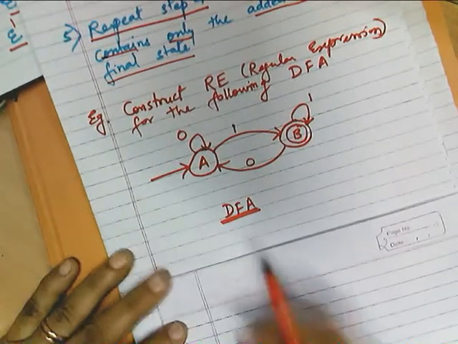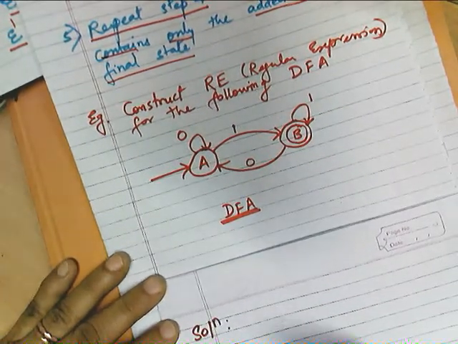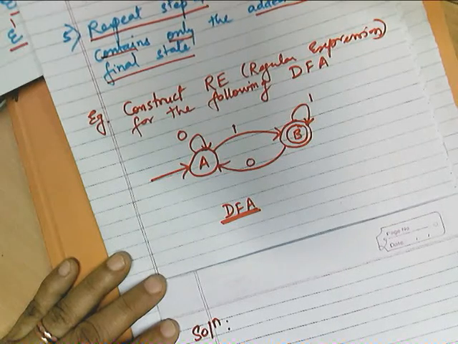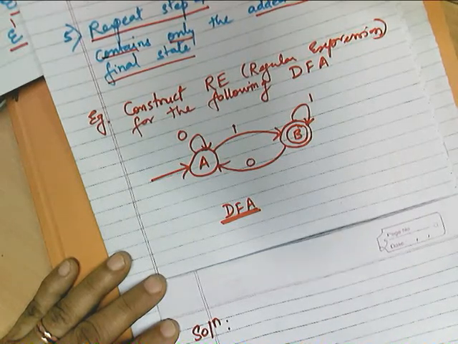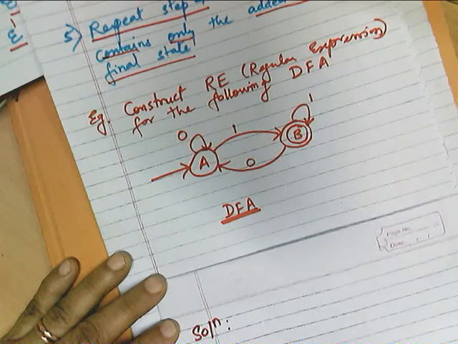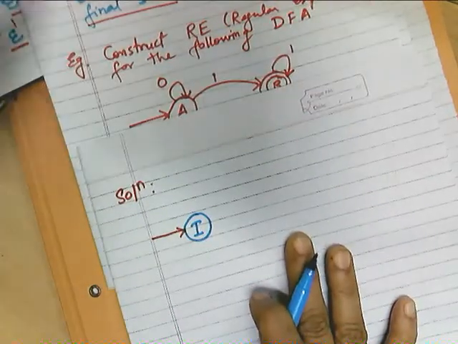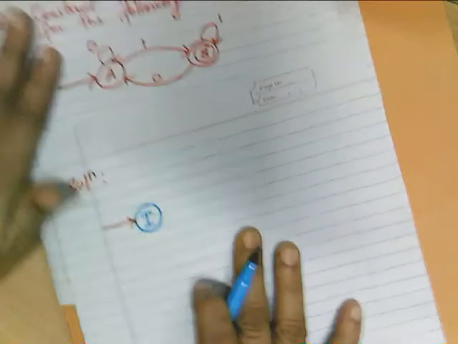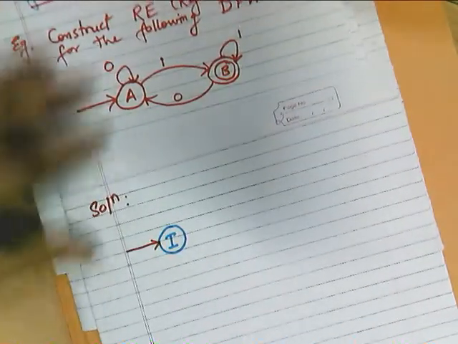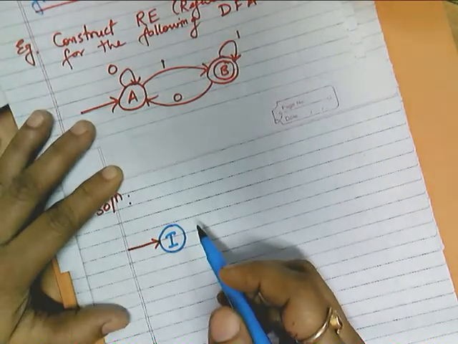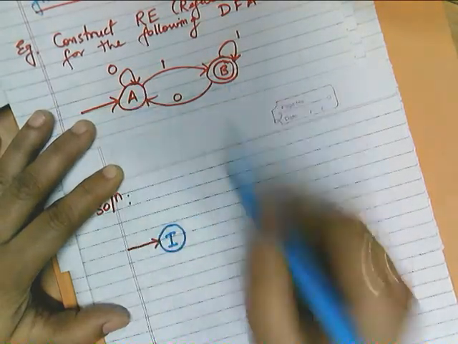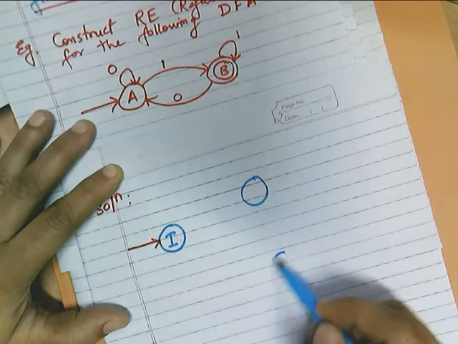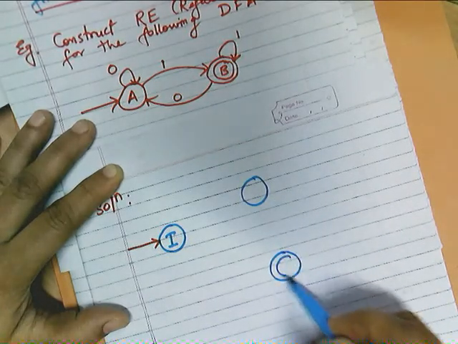So the solution is, I am adding this initial state here. My DFA will be as it is initially, first step.